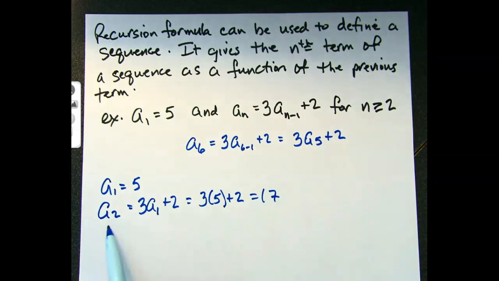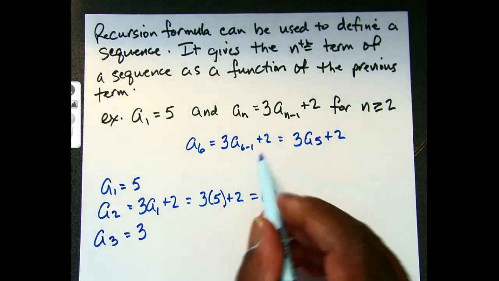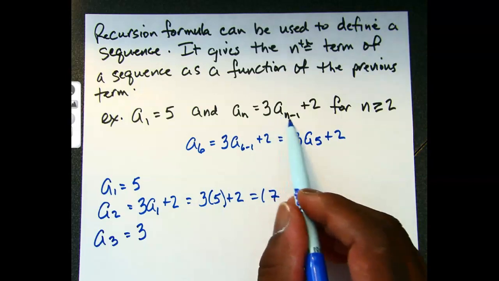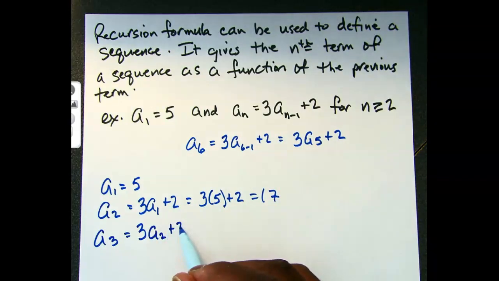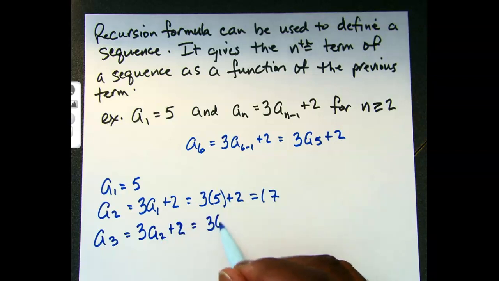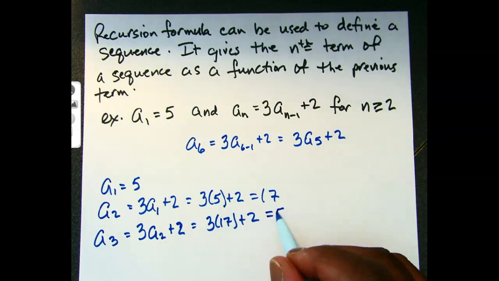So now we have a sub 2 is 17. Now that we know a sub 2, we can find a sub 3. A sub 3 will be 3 times a sub 3 minus 1, so a sub 2, plus 2. 3 times 17 plus 2. 3 times 17 is 51, plus 2, so that's 53.